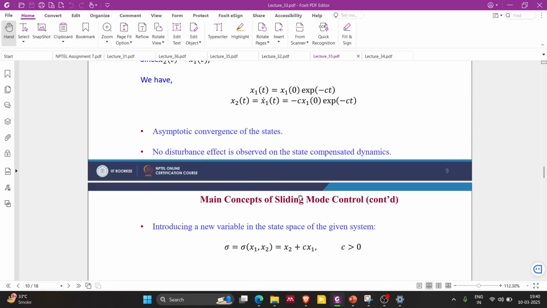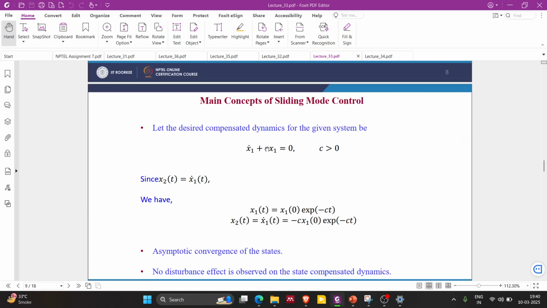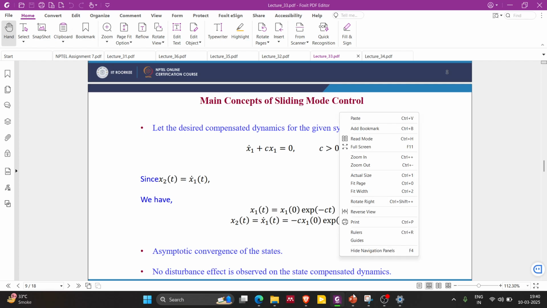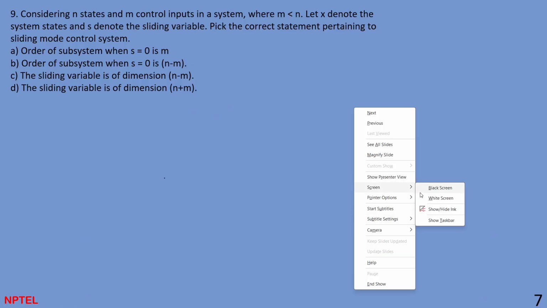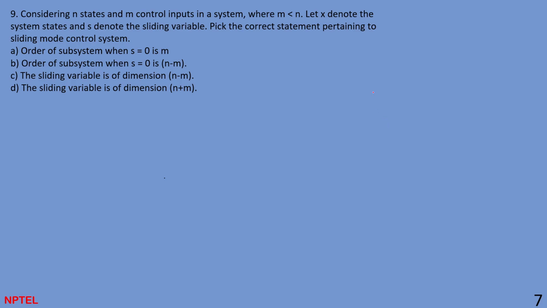So for the disturbance, what should the equation look like? x1 dot plus c x1. Basically, you want your x1 to be 0, and you plot this equation against time.